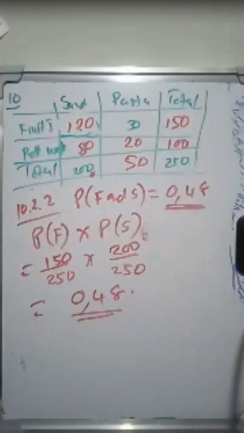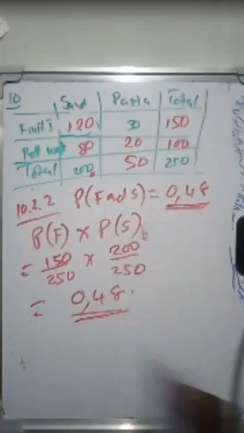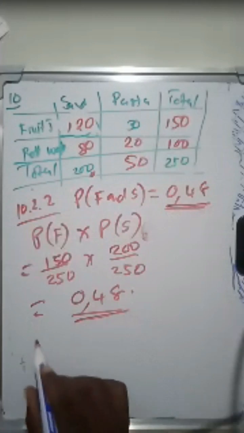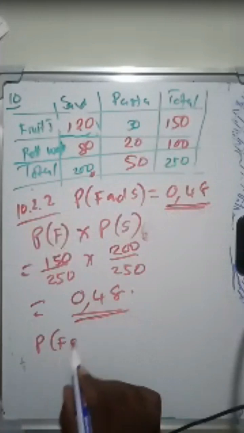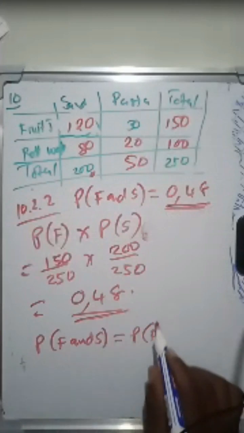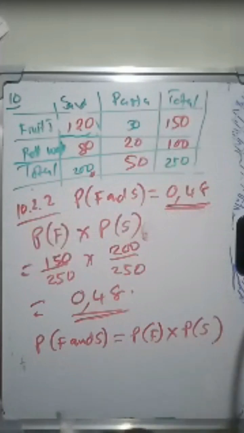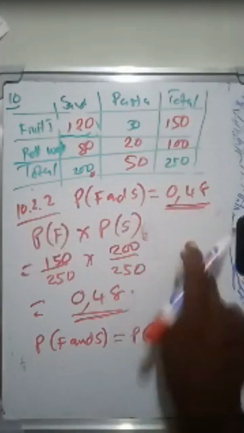If you got a fraction, change it to decimal so that you can compare. So now we compare this one and this one. What do we see? We see that they are the same. So our conclusion is going to say the probability of F and S is equal to the probability of F times the probability of S. They are equal because of that.